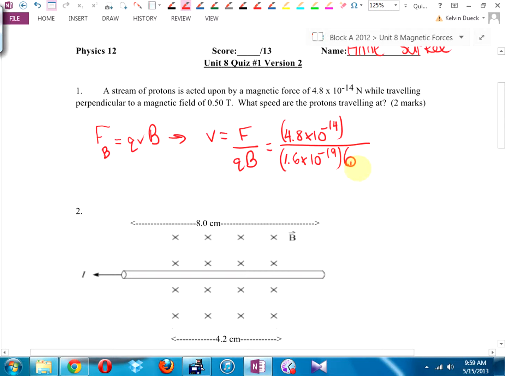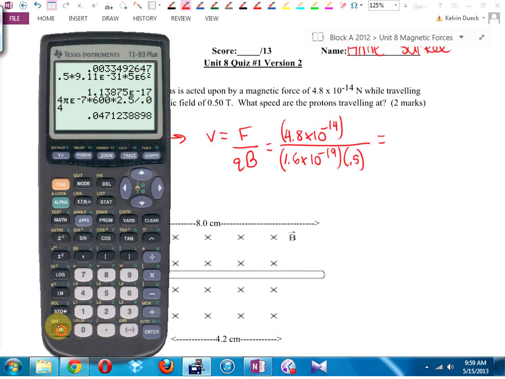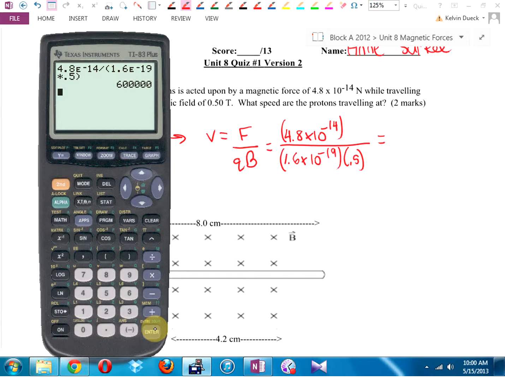And the magnetic field, pretty big, half a Tesla. 4.8 times 10 to negative 14 divided by 1.6 times 10 to negative 19 times 0.5. Oh, holy smokes, not often something works out evenly. This is going to be 6.0 times 10 to the 1, 2, 3, 4, 5.